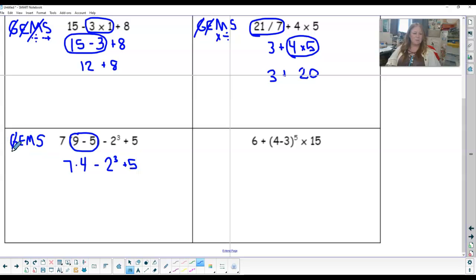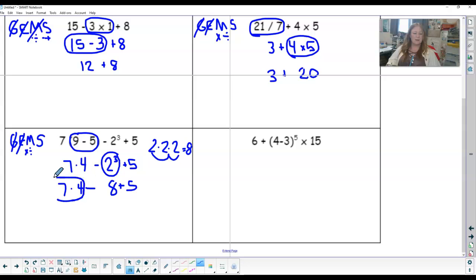So no more groups. Groups are done. Exponents. Ooh, yes. And every time I have this, I need to write out, that means 2 times 2 times 2. 2, 3 times. 2 times 2 is 4. 4 times 2 is 8. So that equals 8. Bringing everything else down. Okay, no more exponents. Looking for multiply or divide.